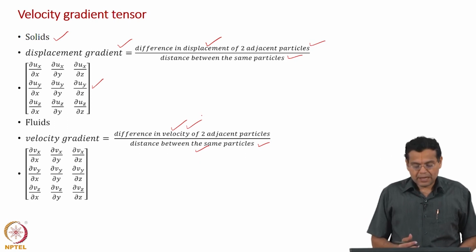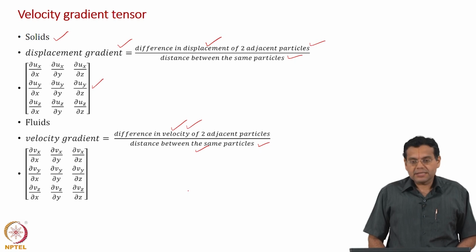Other way of explaining is that velocity itself is a vector. There are three components. Now you are looking at the gradient of that velocity component that could be in three directions, resulting in a tensor. Velocity in three directions and the gradient in three directions, resulting in 9 combinations of directions, resulting in a velocity gradient tensor.